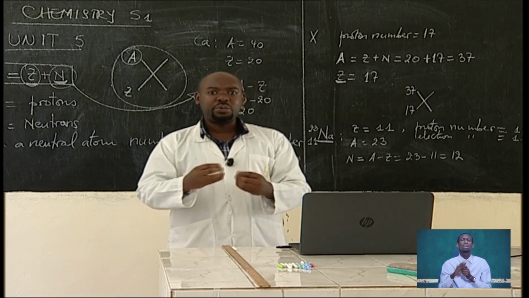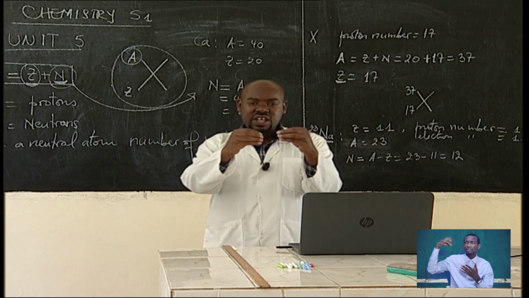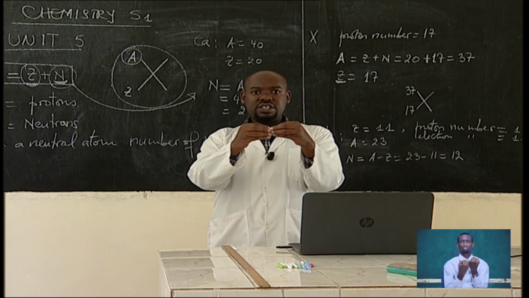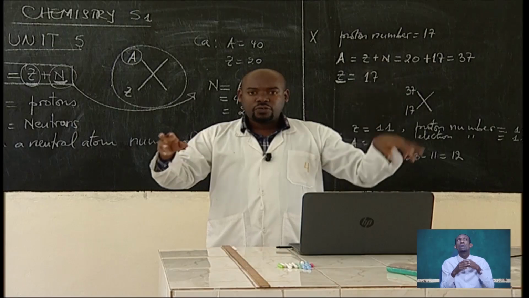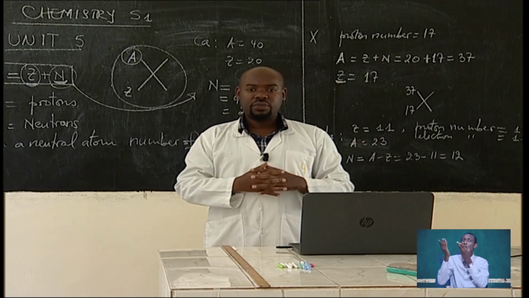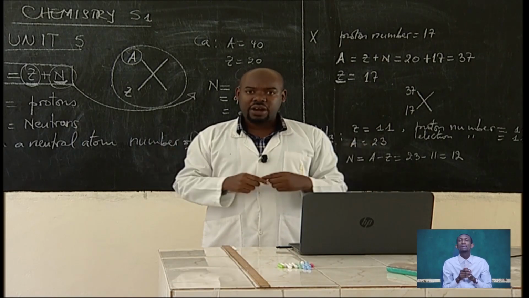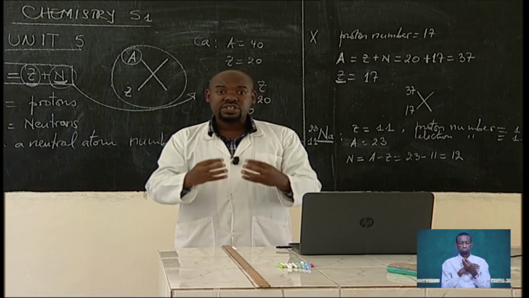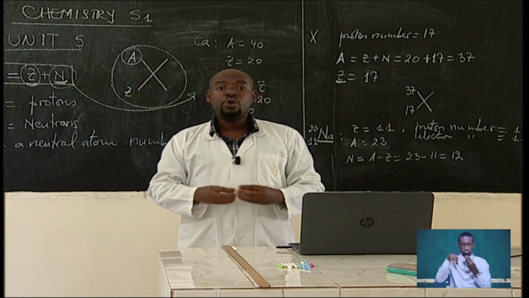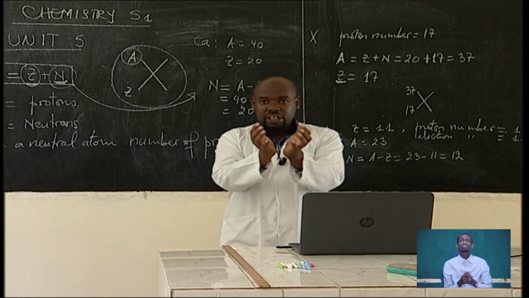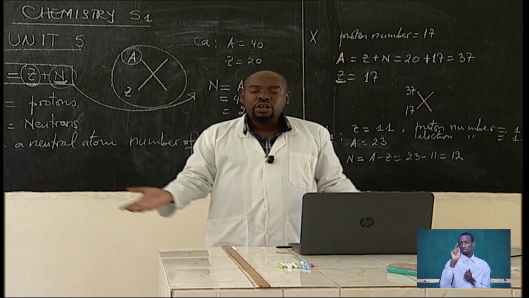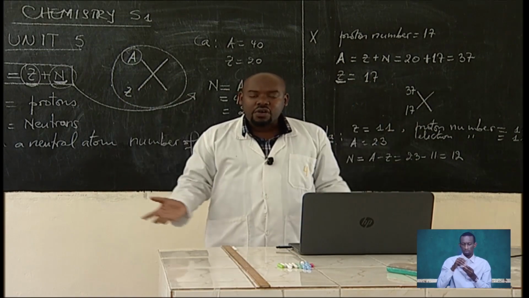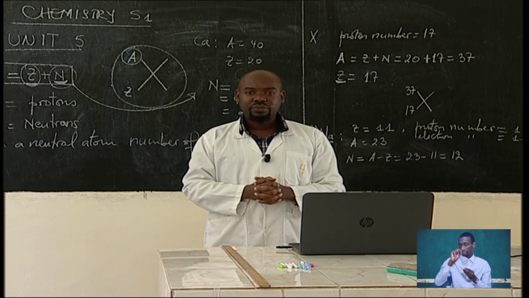With the solar system, we know that we have the sun in the center of the system and the planets which are always revolving around the sun, moving around the sun. That is what happens inside the atom. We have the nucleus, which is in the center, and the electrons which are moving around the nucleus.